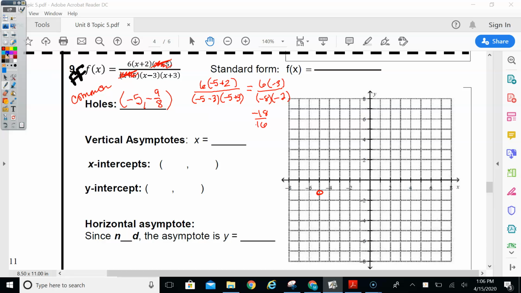we get the verticals by looking at the denominator equal to 0. So here we're going to have one for this one at +3 and one for this one at -3. So draw your dashed lines at -3 here and +3 over here.